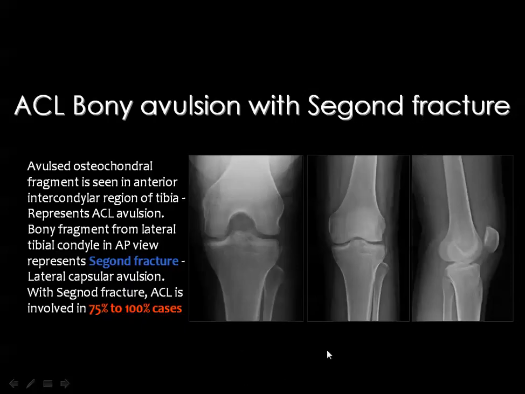The Segond fracture is a very small sheet of bone which is avulsed from the lateral tibial condyle, which is best seen in the plain X-ray and can also be seen by CT, and is difficult to appreciate in MR imaging. This sign, the Segond fracture, is supportive of ACL rupture in about 75% to 100% of cases.